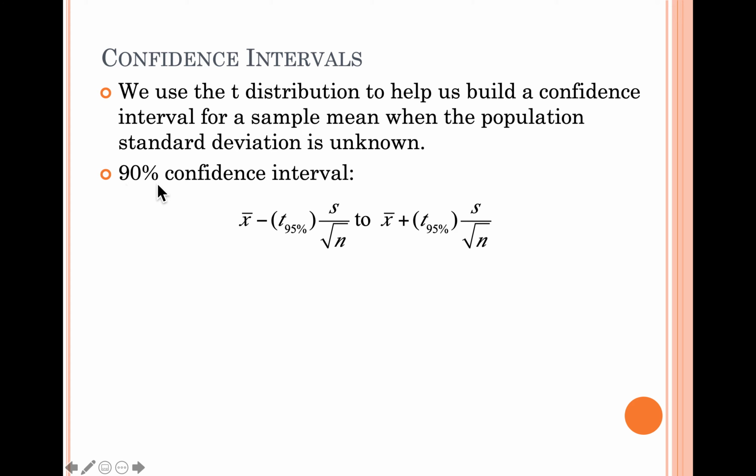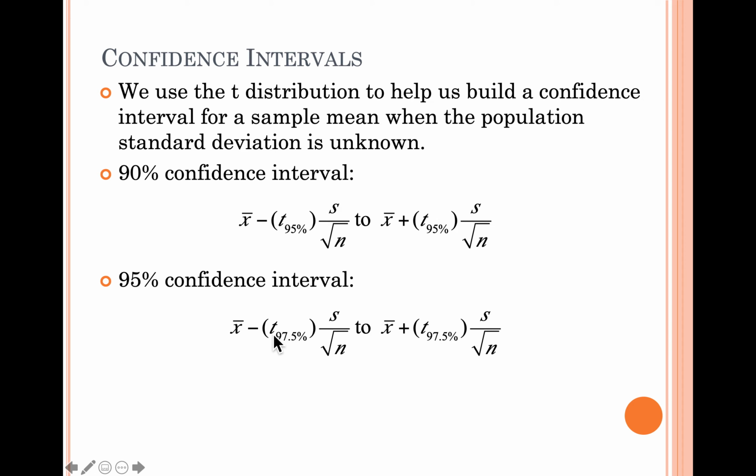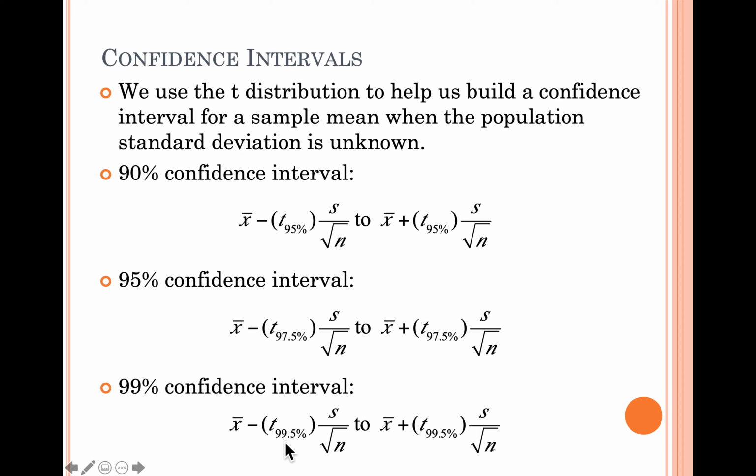So for a 90% confidence interval, use T95% here and here. For a 95% confidence interval, use T97.5 here and here. And for a 99% confidence interval, use T99.5 here and here. Other than that, the formula is very similar to the formula we used in the previous lecture.